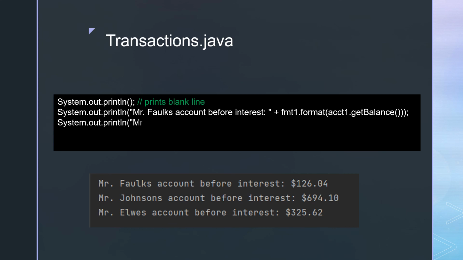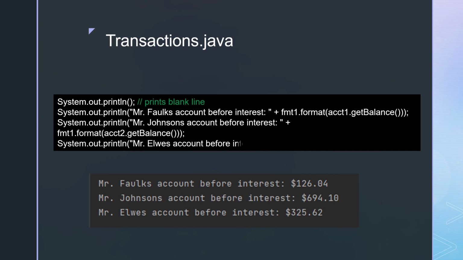Then System.out.println Mr. Johnson's account before interest plus FMT1.format(ACCT2.getBalance). Then System.out.println Mr. Elway's account before interest plus FMT1.format(ACCT3.getBalance). These statements call the getBalance method, which will return the most current value stored in the variable balance.